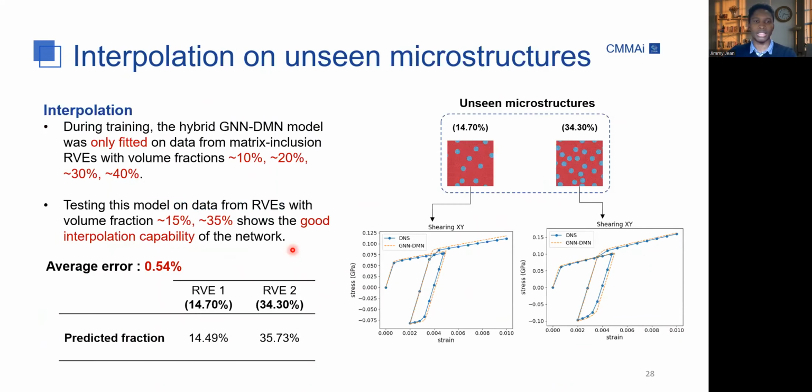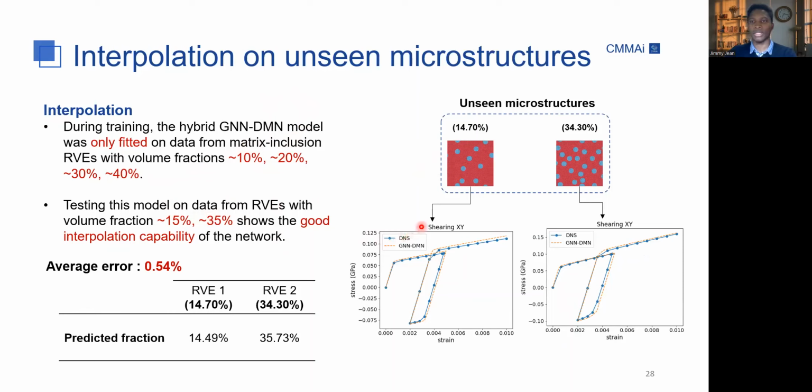Next, we look at the interpolation capabilities of our model. During training, we've only seen 10, 20, 30, and 40% RVs, but here we look to see if our model can interpolate on RVs with 15 and 35% volume fractions, which it has never seen before.